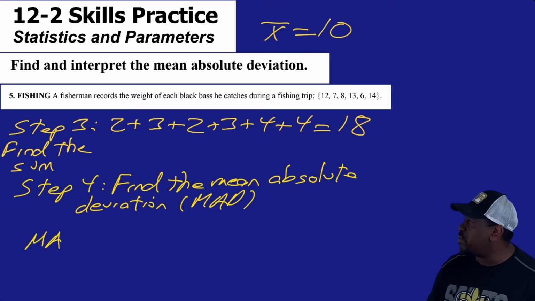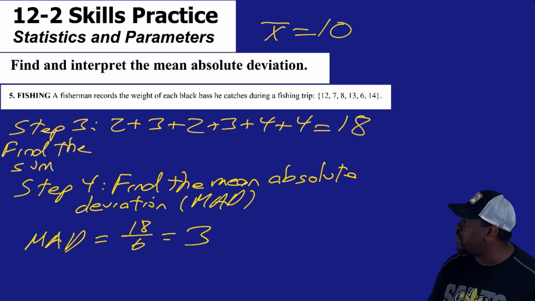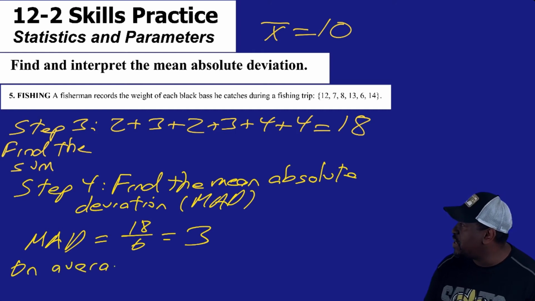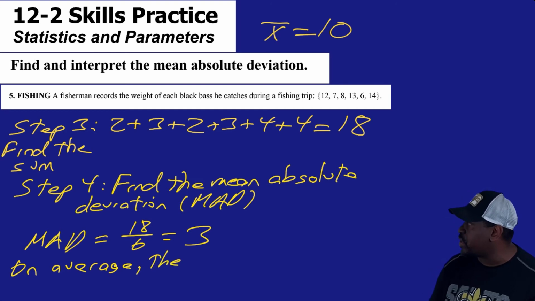Well, we're going to learn this definition. Mean absolute deviation, a tongue twister, will be known as MAD. That is equal to the sum over the number of samples, which is 6. And so the mean absolute deviation for this example is equal to 3.